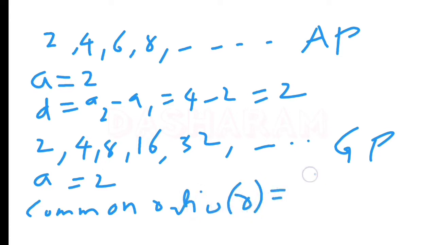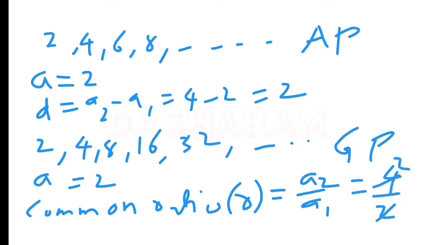The common ratio formula is a2 by a1. Here the a2 value is 4 and the a1 value is 2. 2 ones are 2, 2 twos are 4, so it equals 2. Here also the same first term. Here d is the common difference, and here r is the common ratio.